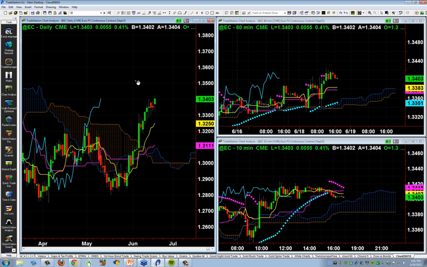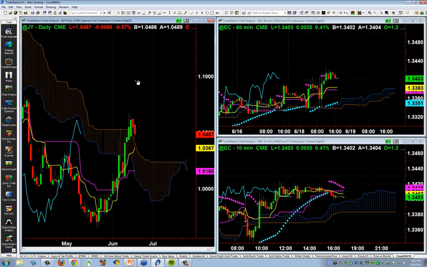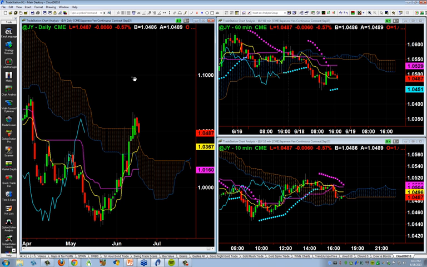So let's look at the Japanese yen. Japanese yen, okay, great example. If you want to be aggressive and lose money, go ahead and get long now on the yen, or you could wait for what? Lag hook. Now remember, when the lag line gets across the cloud, you wait for 3 bars.